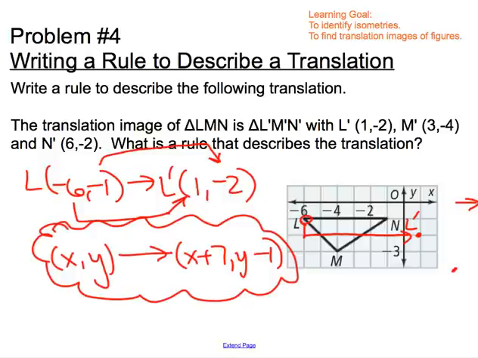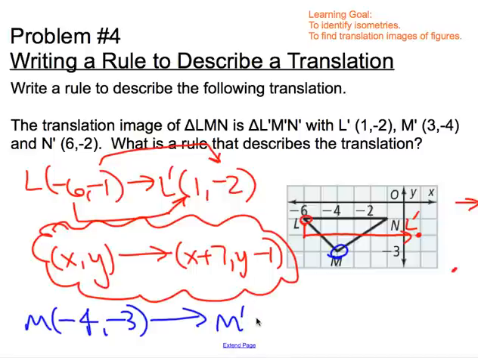Now the best way to check that is to actually try to apply it to another point. So let's take M. So M we know is currently at negative 4, negative 3. If we add 7 to negative 4, we would take this to M prime.